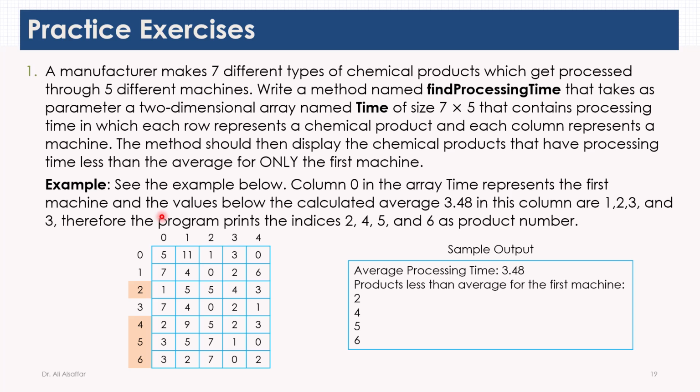And this can be done by processing column 0 only using a single for loop separate from the nested loop. If any of the processing time for any product is less than the average, we simply print the index of this product. So let us go to JGrasp and implement the method.